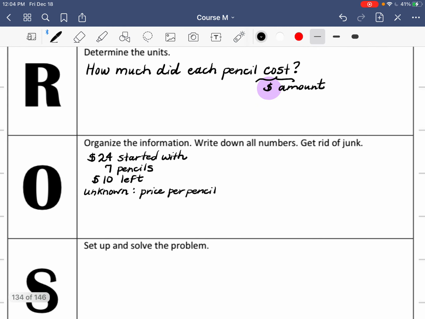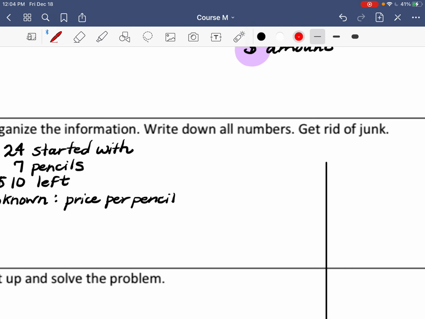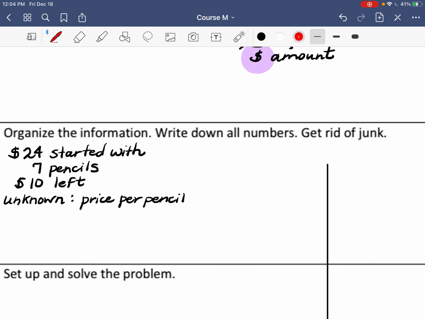So here's one way to do this problem. And let me just make a line right here, down through here, because I'm going to show you two different methods. I'm going to do one of them in red so you can follow what I'm doing. We could set this problem up to say the money she started with minus the pencils is the $10 she was left with.